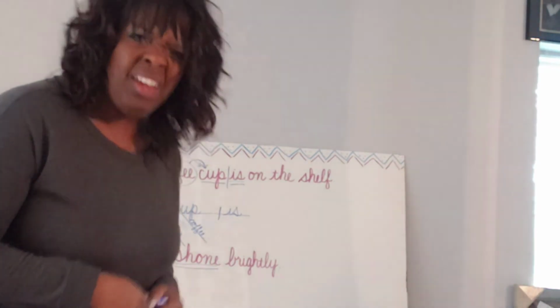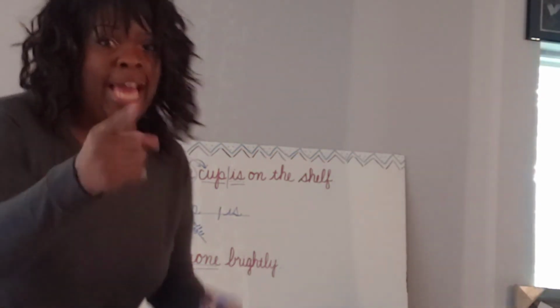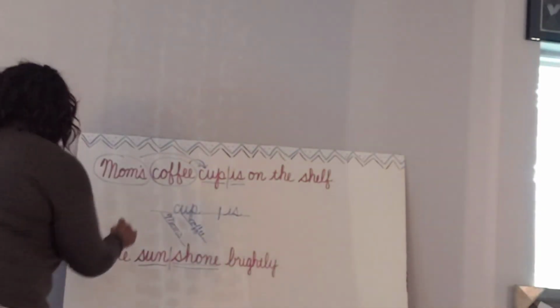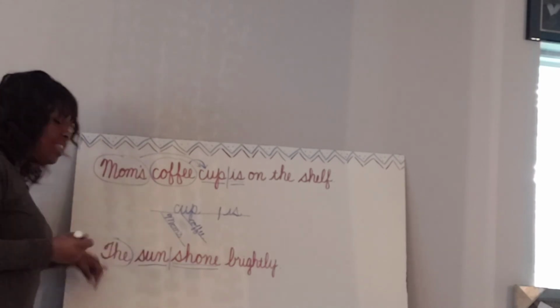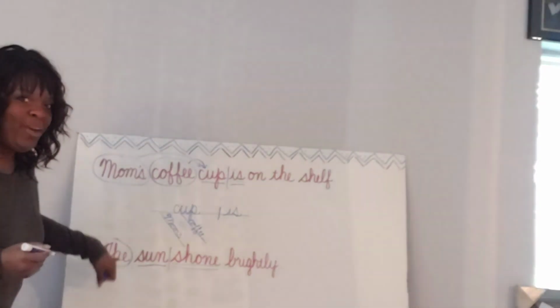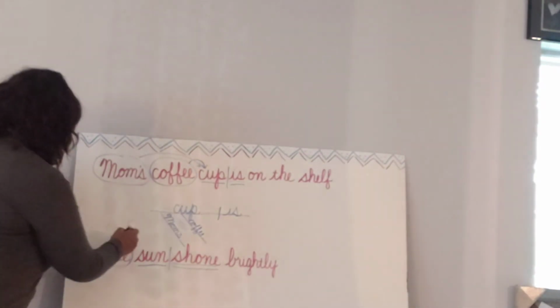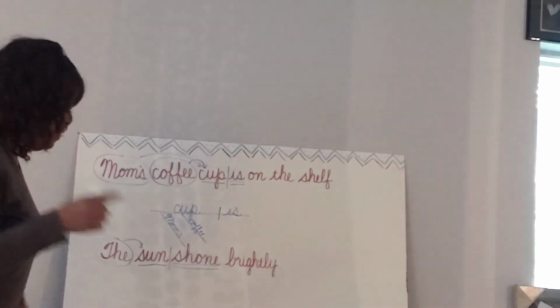The? Is the really an adjective? Yes, you know it is. You better circle the. Good. I'm glad some of you caught me before we went on. The is always an adjective. You always have to circle the. Good. Give yourself a big pat on the back if you got that.